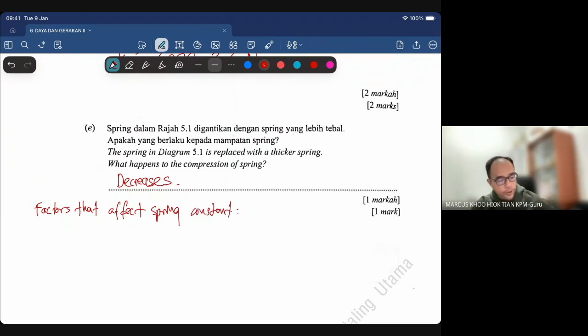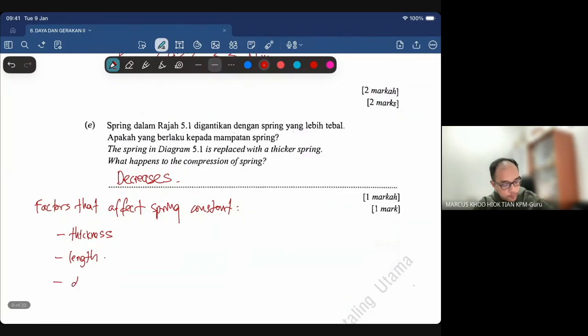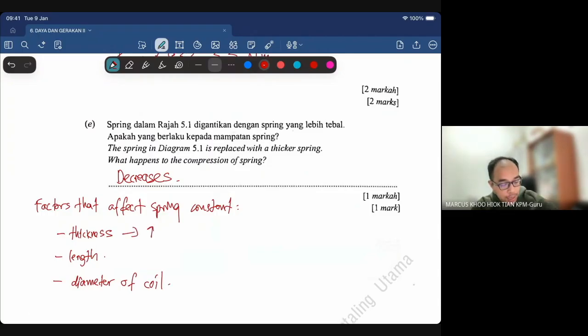Apart from the material itself, the three main factors are the thickness of the spring, the length of the spring, and the diameter of the coil. A bigger thickness gives a bigger spring constant.